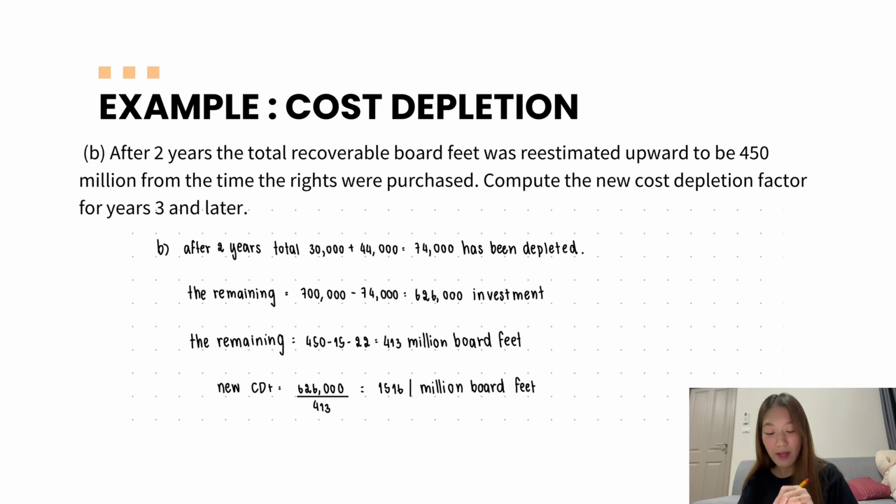Next we have to find the remaining board feet, and from the problem given 450, and then we minus 15 and minus 22, so the result is 413 million board feet. So we can find the new CDT by the same formula, which is 626,000 divided by 415. So the result is 1,516 per million board feet. Here, either.